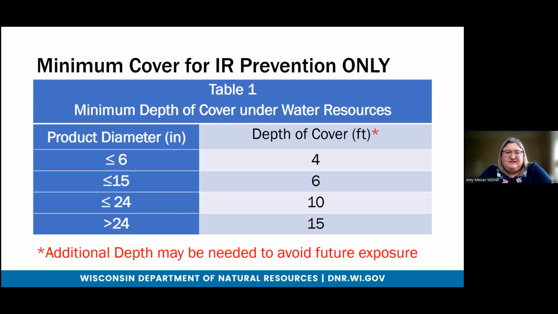Additional depth may be needed, particularly if there's evidence of scour or erosion to prevent future exposure. So this is really only looking at one factor for minimum cover. There may be reasons to go deeper. Occasionally, there might be a reason such as a utility conflict where there's a need to go shallower, and we just need an explanation for why.